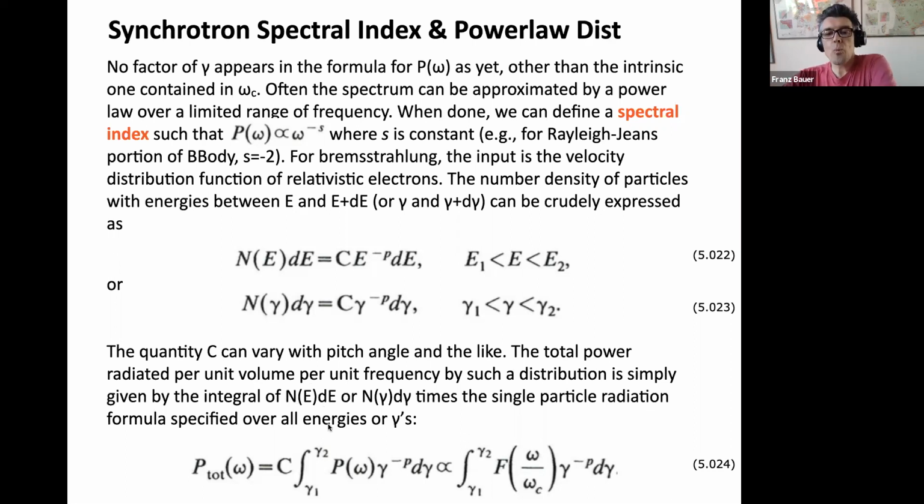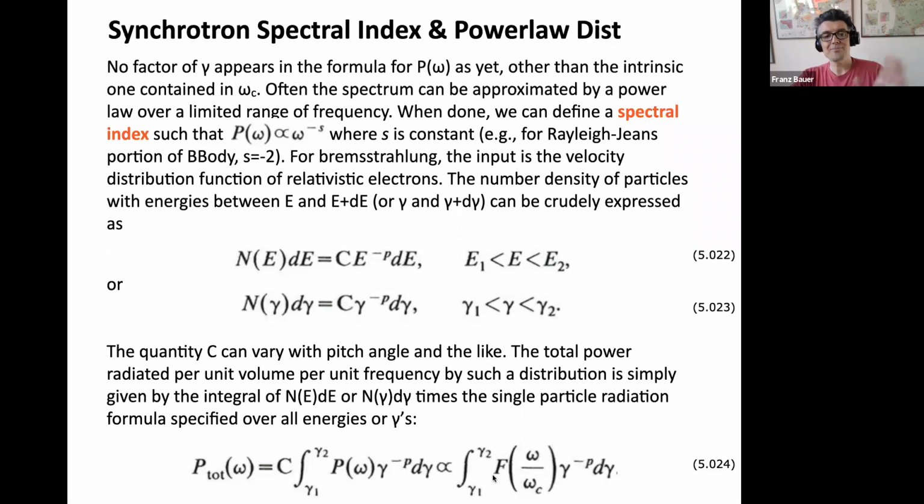And so we can then think about this functional form, rewriting it. So this is the functional form for an individual electron. And remember, we can multiply the functional form for an individual electron times the number of electrons over a small range in energy so that they're all roughly equal. And then we can do the integral to get the total amount of power that's coming out.